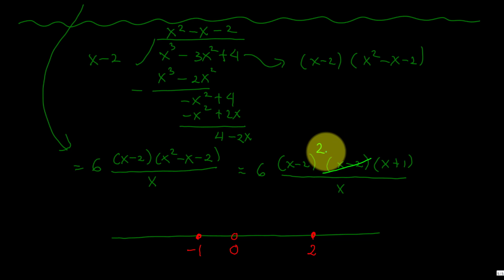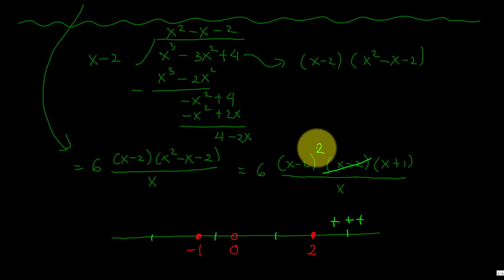Now we're just testing all values in between. Let's say we plug in 3. That's going to be positive. So each of these factors is positive. How about to the left of 2?